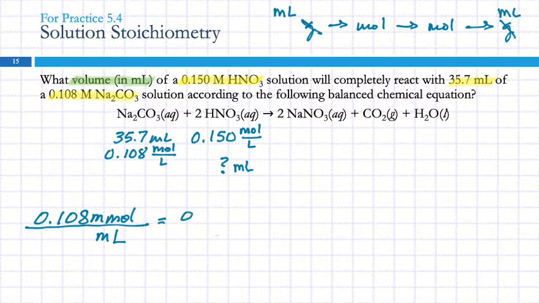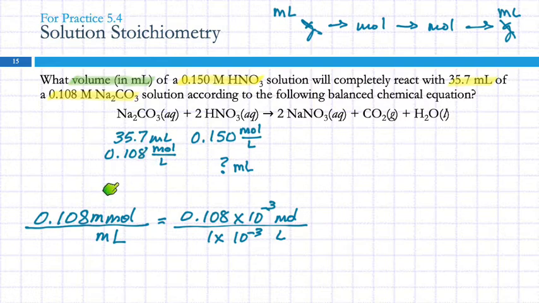This is the same as saying 0.108 times 10 to the minus 3 moles per 1 times 10 to the minus 3 liters. Everybody okay with that? So I can interpret moles per liter as millimoles per milliliter. And then I don't have to convert between liters and milliliters all the time. If you go on to take Chem 1B, really try to get a hold of this millimole concept because it's super useful there.